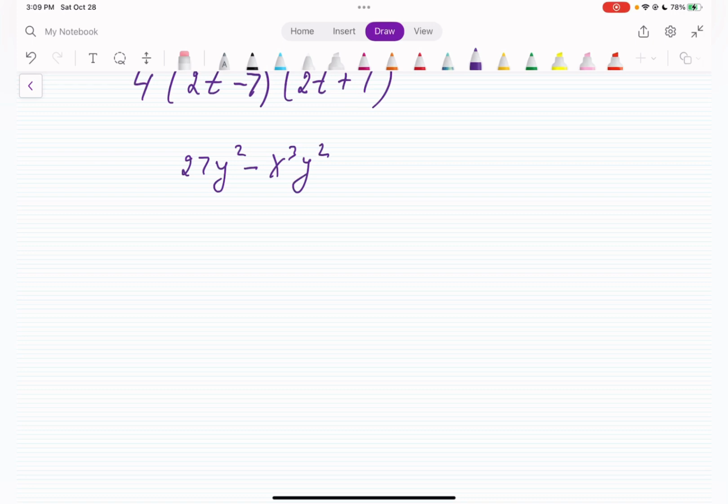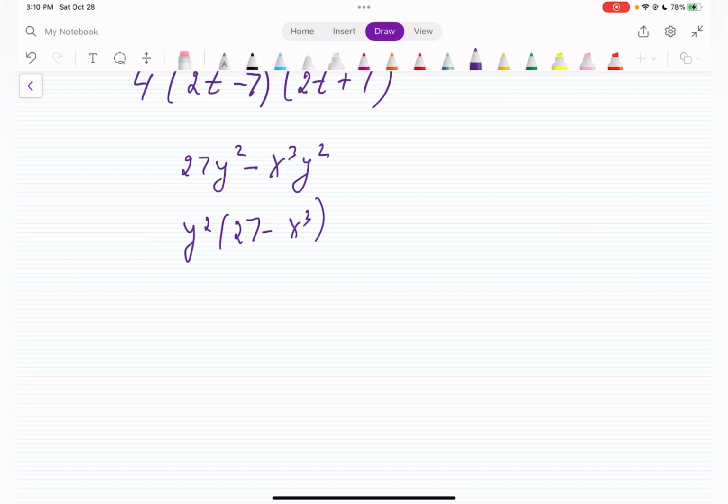All right, so what we're going to do here, first of all, I'm looking, y squared I can take out, right? And I will have 27 minus x cubed. All right, we are getting a difference of cubes.